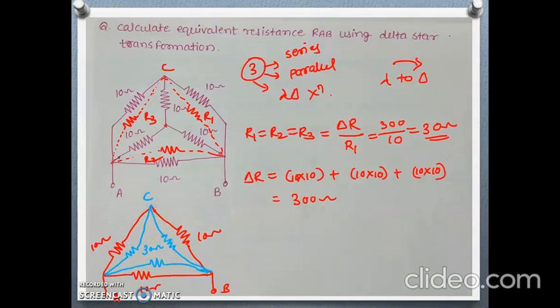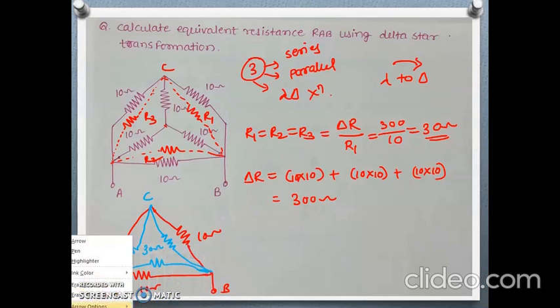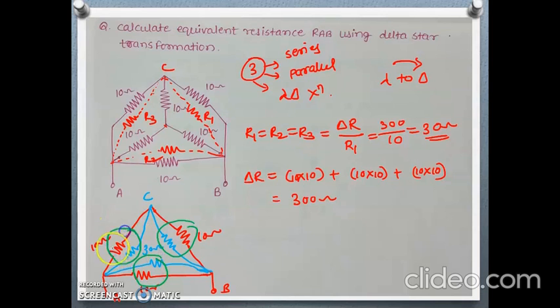Now observe here, this 10 ohm and 30 ohm are connected in parallel. This also is connected in parallel, and this also. So what will be the equivalent of this 30 ohm and 10 ohm in parallel?